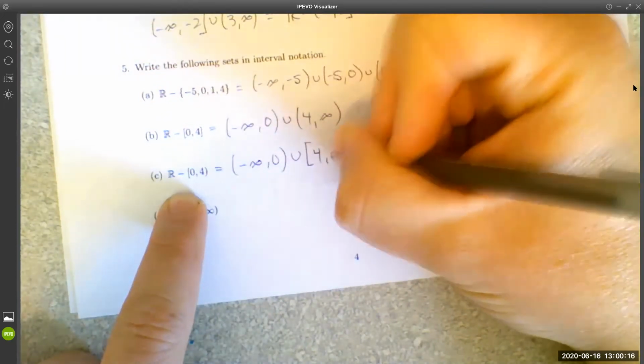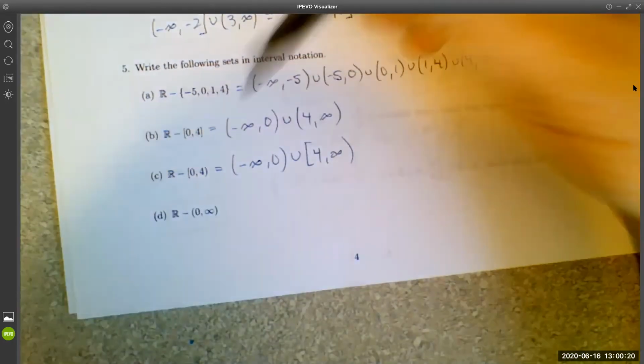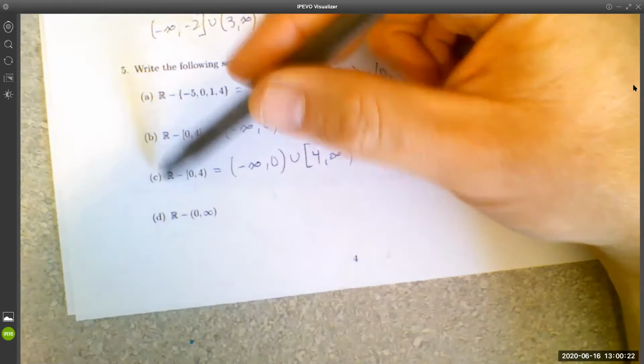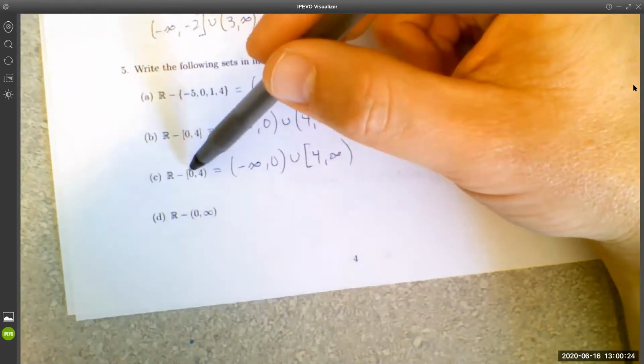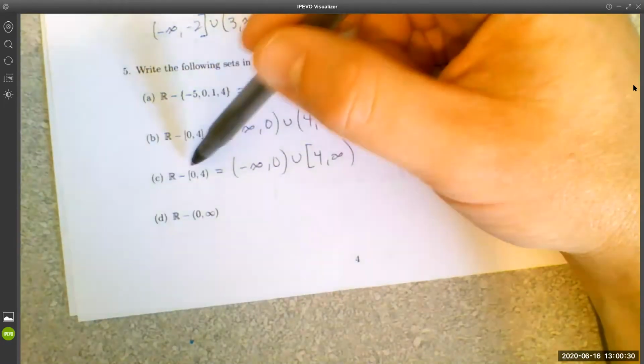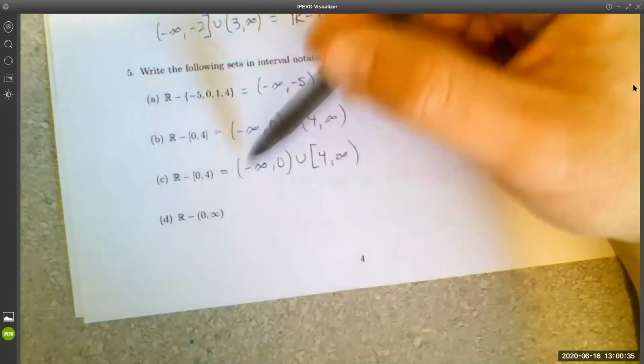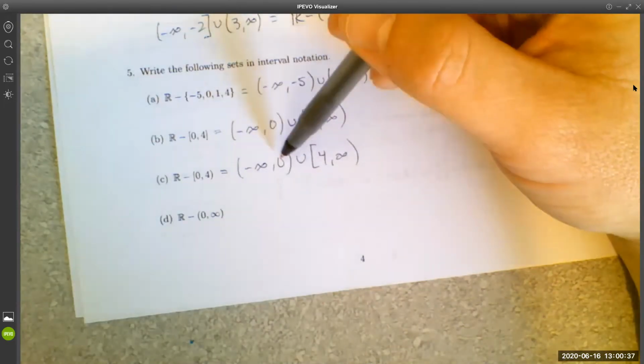And notice the use of parentheses and brackets, right? So here I want to describe all of the real numbers except for the numbers between 0 and 4.